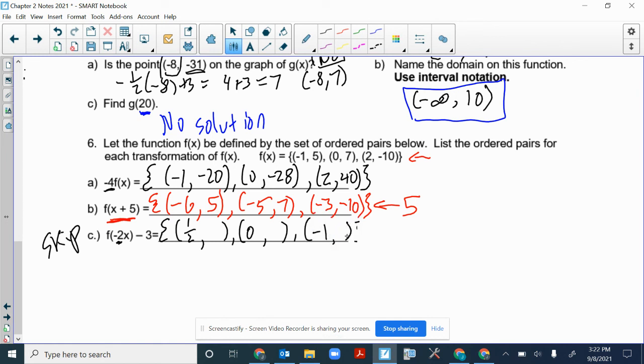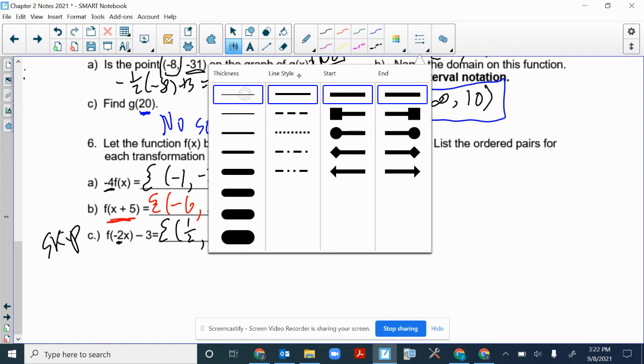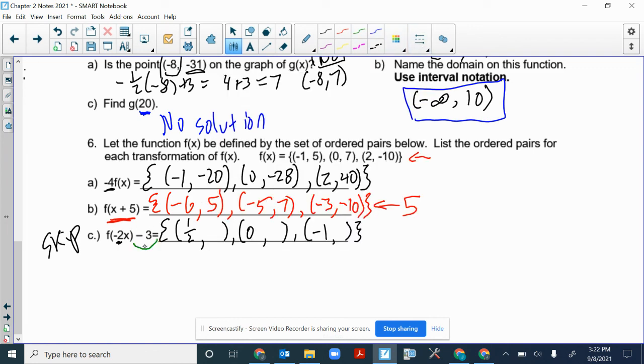Now you'll notice I didn't put the y's because the y's are nice in this one, the transformation y's at least. You just subtract 3, which means down 3. So you take all of your y's and subtract 3 from them. But again, this one you could totally skip as well. It is not necessary to know, for our test at least.